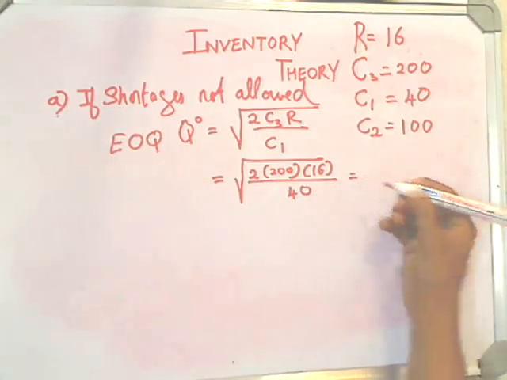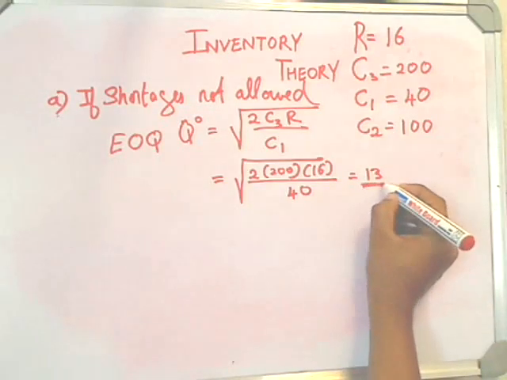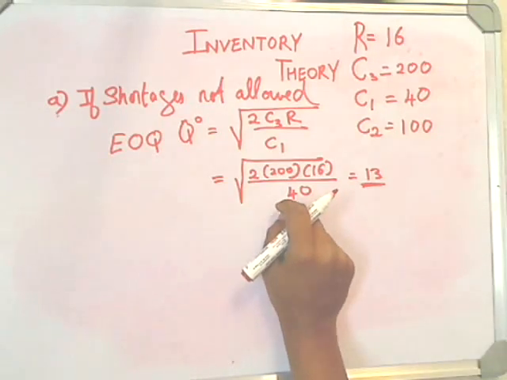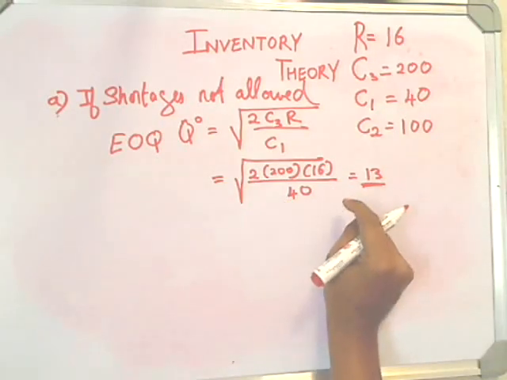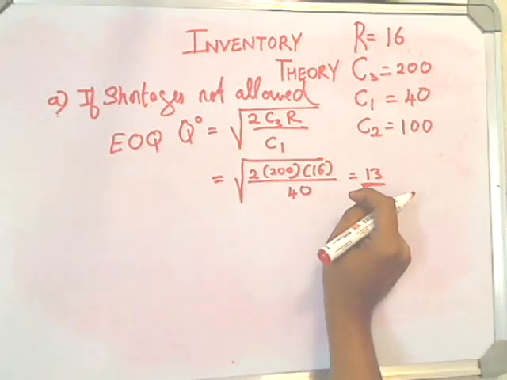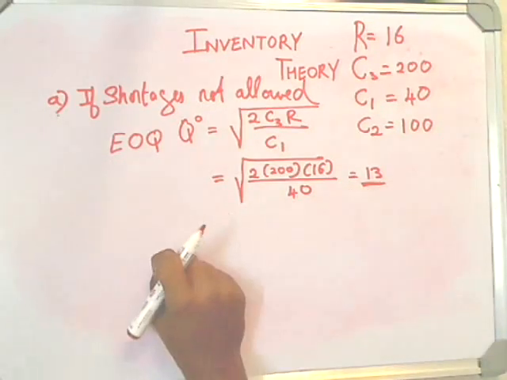Now this would come as 12.6 something, but keep it as a whole number, 13. I tell you to keep this as a whole number because it makes your further calculations easier. You can keep 12.64 if you want, but not advisable. It makes your calculations a little difficult later.